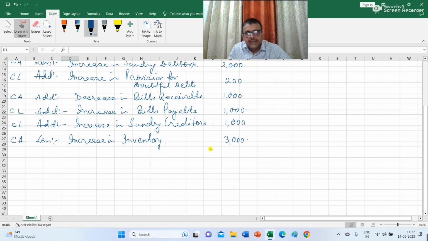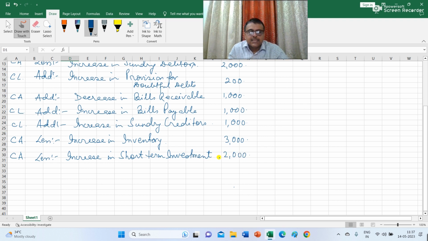There is an increase in short-term investment, and short-term investment is a part of your current asset. Since there is an increase in short-term investment, we have to reduce this figure difference. So increase in short-term investment, and the amount is for rupees 2000.